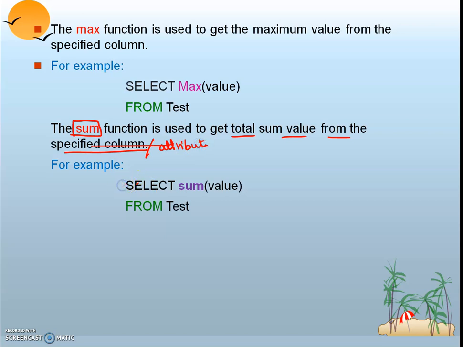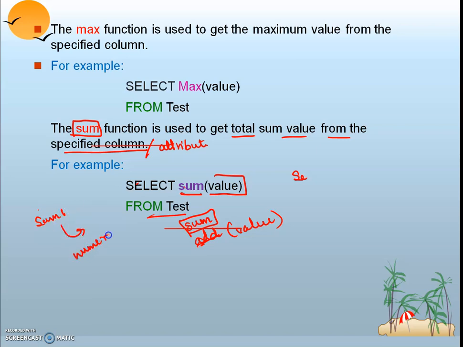So if I write this command something like this, select sum of value from the test, then it is going to add up all the values present inside the attribute value and give me the output of the added values. And keep in mind, this aggregate function sum is going to work only for numerics.